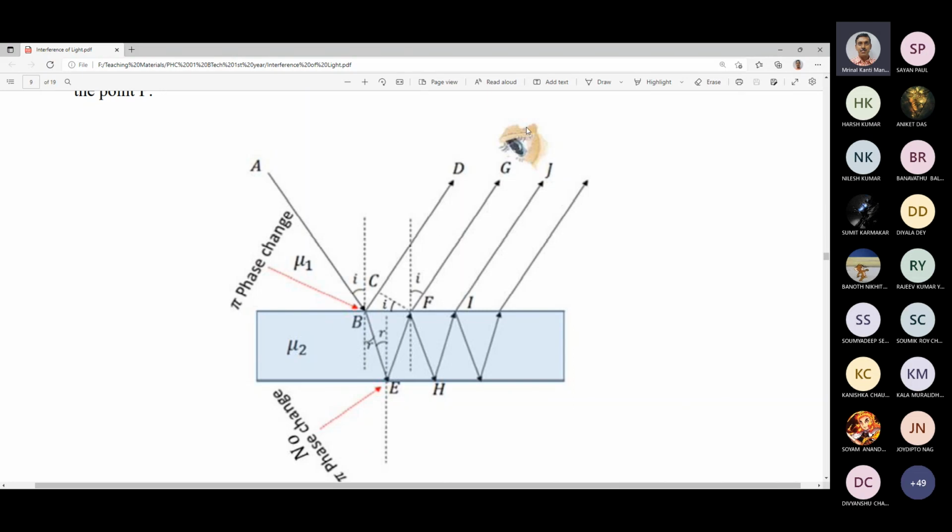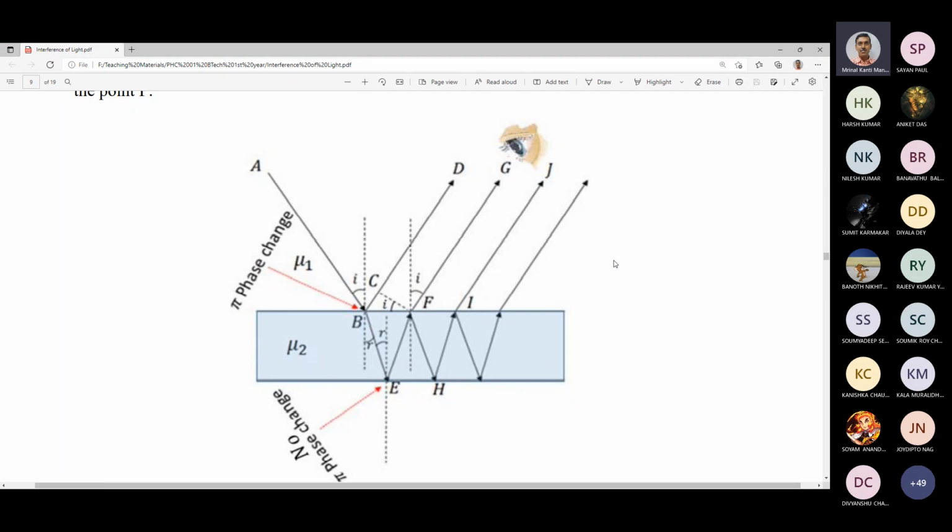In each reflection the amplitude continuously decreases, because of the reflection coefficient. If the initial amplitude is A, the reflected beams have amplitudes AR, then AR square, and so on. Similarly, the transmitted beams have amplitudes AT, ATR, and so on.